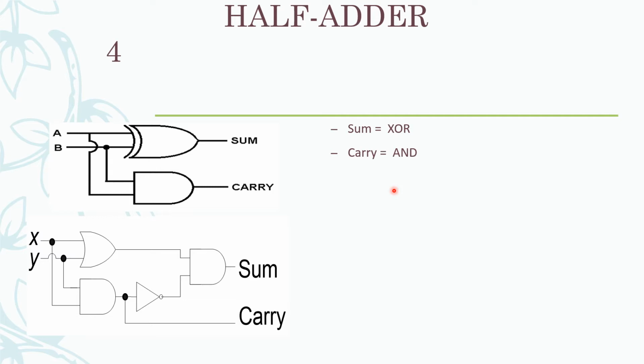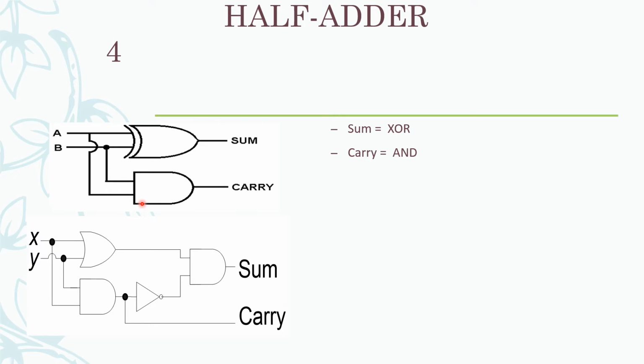The same two inputs, you can observe two inputs. This is A, this is B. A is directed to XOR also and A is directed to AND also. So that's why we can say that the same two inputs are directed to two different gates, first XOR and the other AND. The input wires to the XOR gate are tied to the input wires of the AND gate, isn't it?